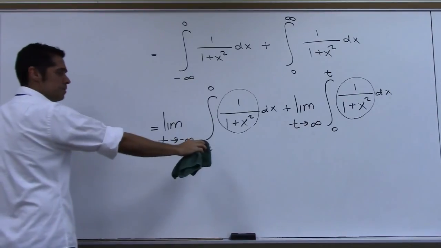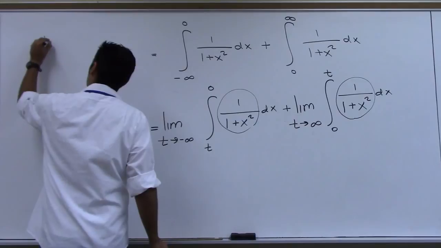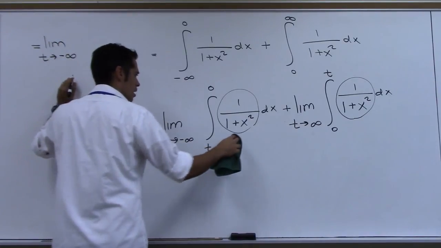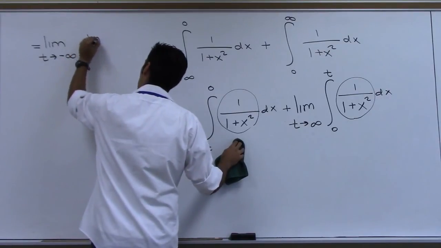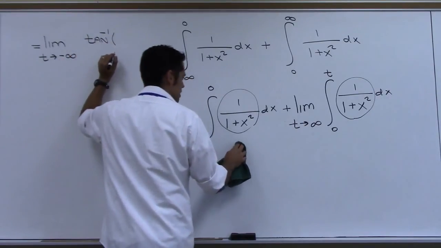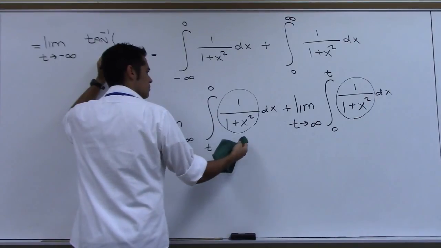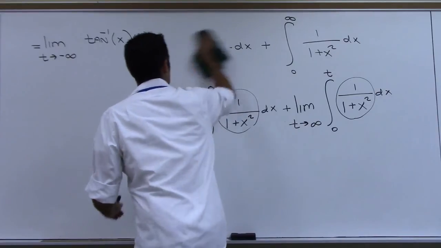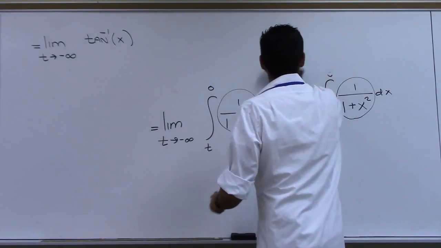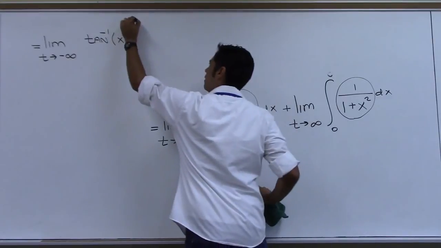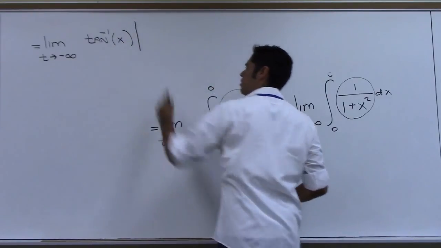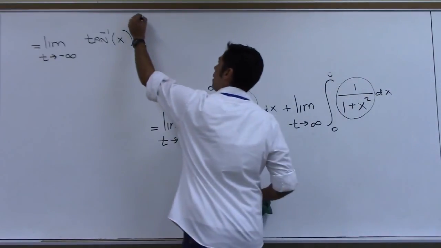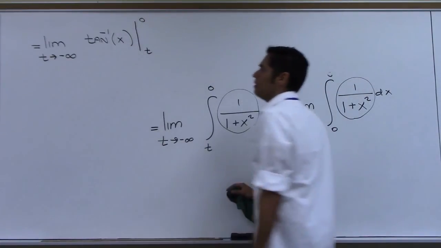So this now becomes the limit as t goes to negative infinity of arctangent of x. Okay, that's the antiderivative. But remember, I'm supposed to now put here a line behind it, and then put what two numbers there? 0 and t. So 0 on top, right? 0 here and t down here, like that.